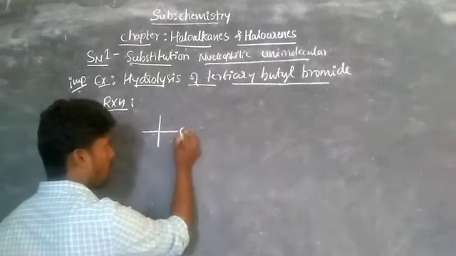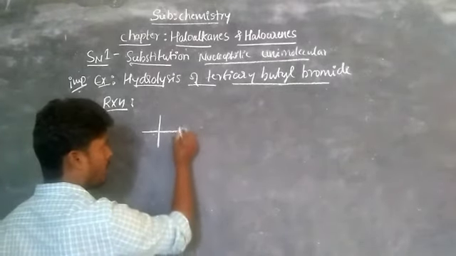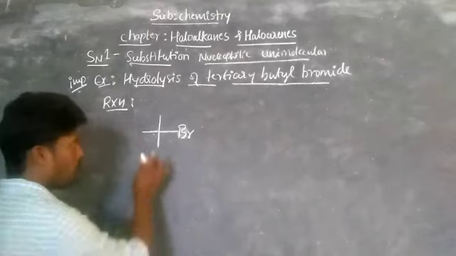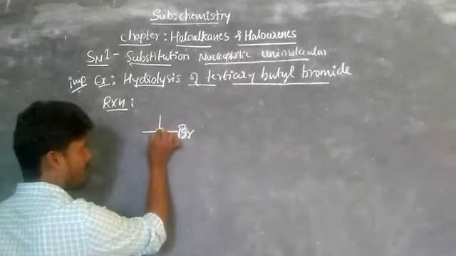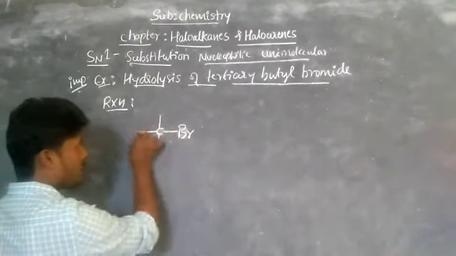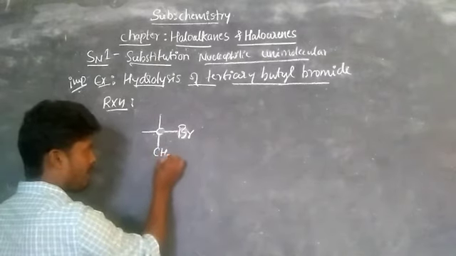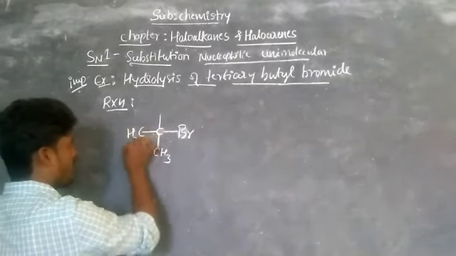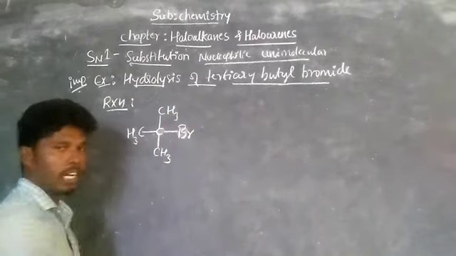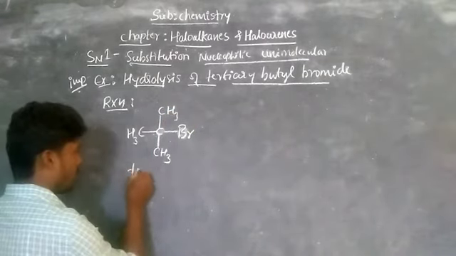Place the bromine Br here, and in the center there is a carbon, and each terminal is indicated by CH3 groups. Write CH3. So this is tertiary butyl bromide.